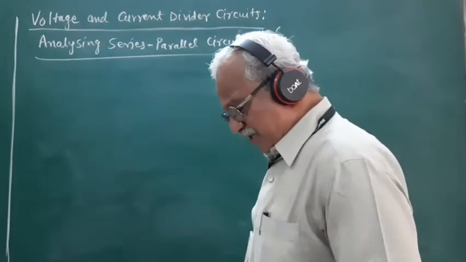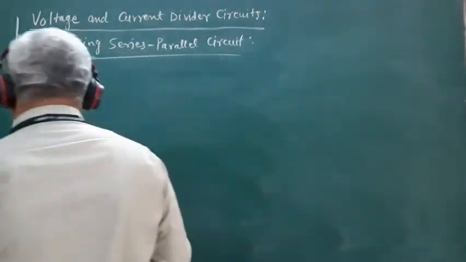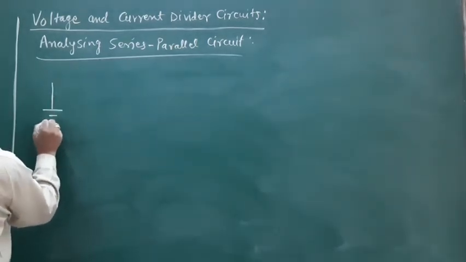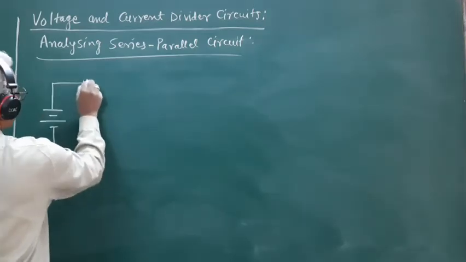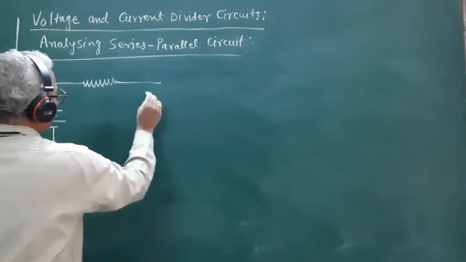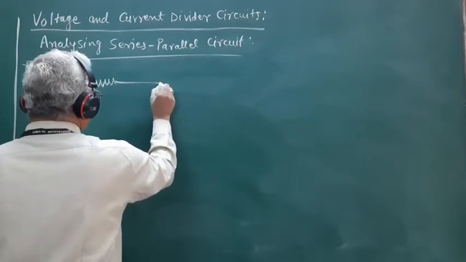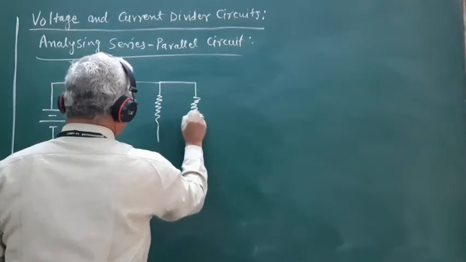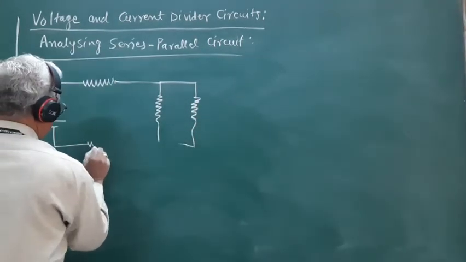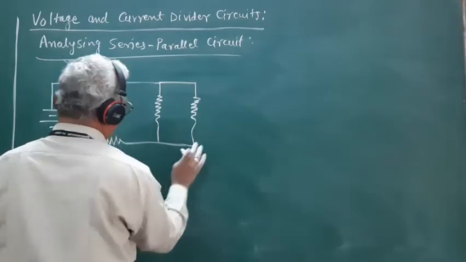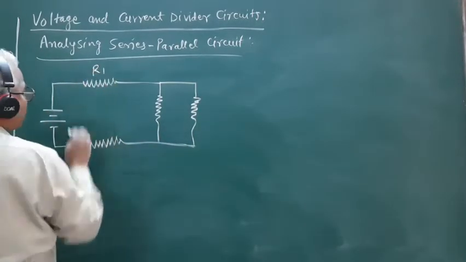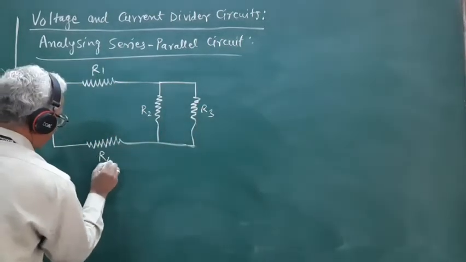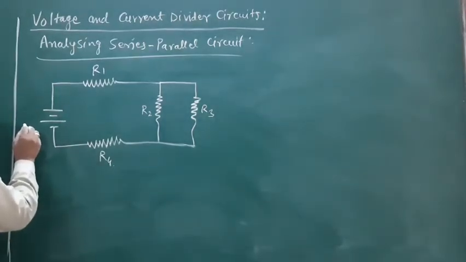So, if we have the given circuit arrangement like this, we have the resistances R1, R2, R3 and R4, and we have a source of EMF.